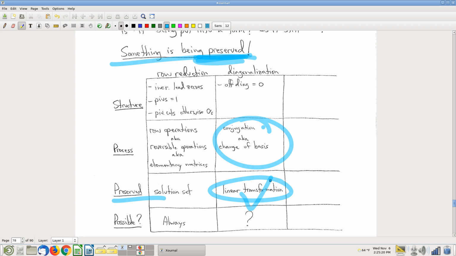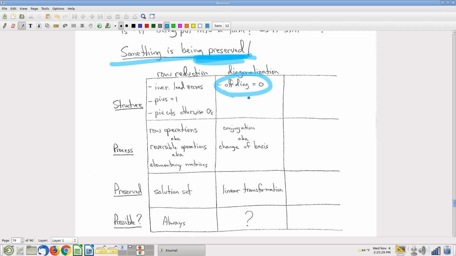What is the easiest way to understand a linear transformation? Well, it's going to be hard to beat diagonal form. If you have a diagonal matrix representing a linear transformation, that makes it pretty easy to understand that linear transformation. Okay, so anyway, this is the big idea here.